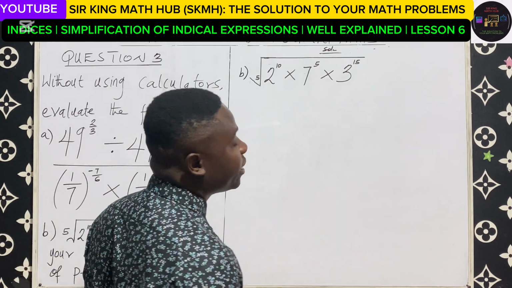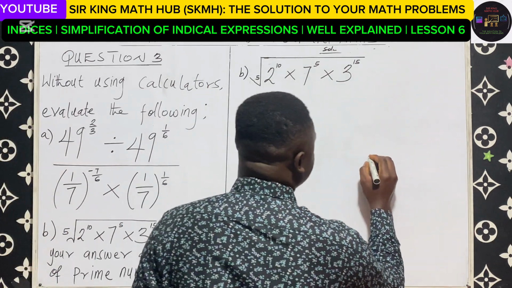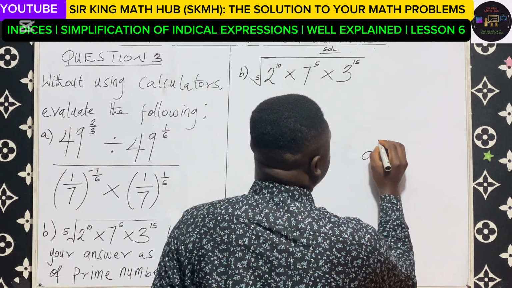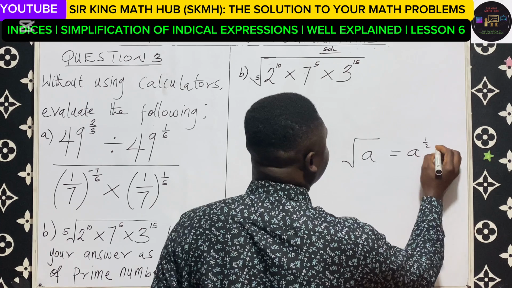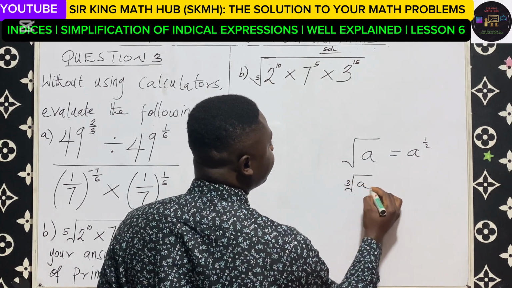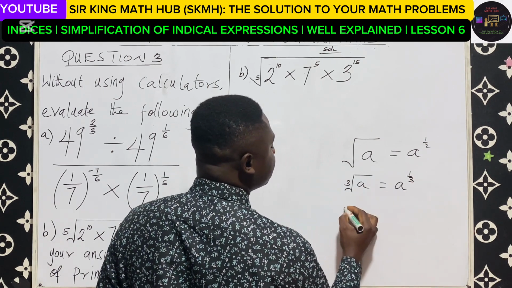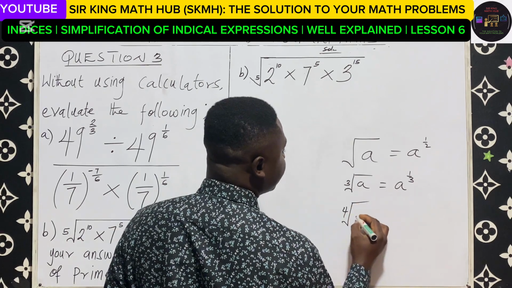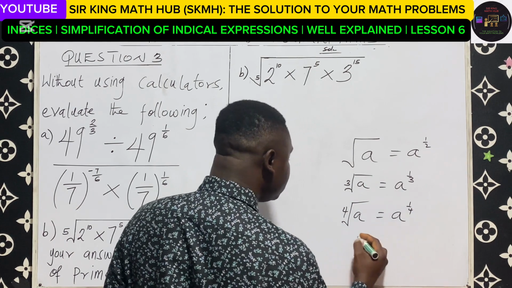Now recall from the fractional index property, we said that the square root of any number is the number exponent half. The cube root of a number is the number exponent 1/3. The fourth root of a number is the number exponent 1/4.